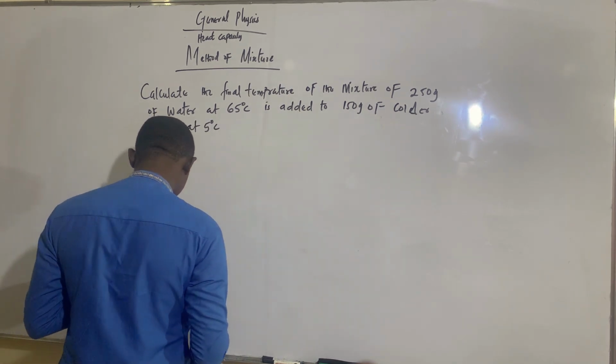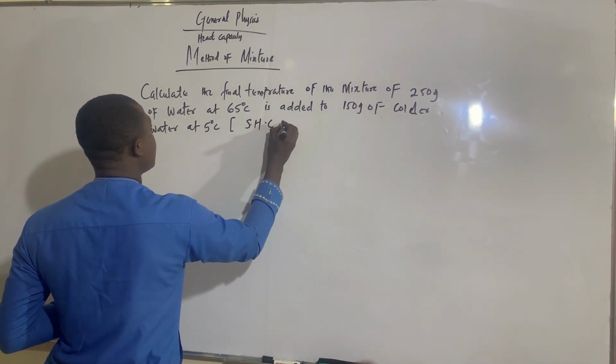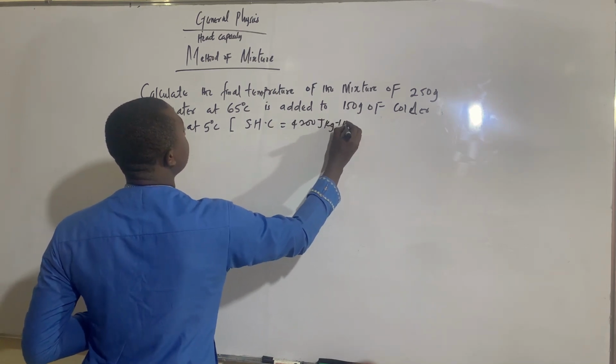Neglect the heat absorbed by the surrounding, and we have to take specific capacity of water to be 4,200 joule per kilogram per Kelvin.